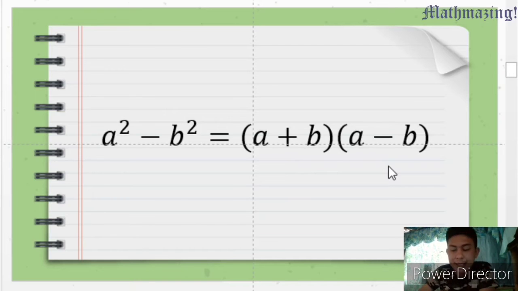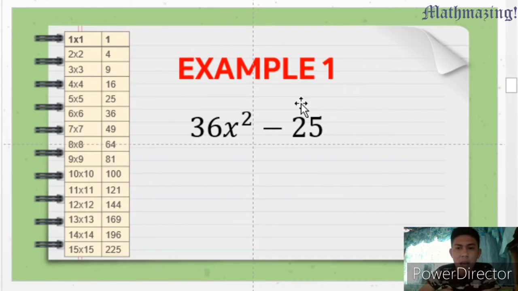So let's have an example. We have here 36x squared minus 25. So first thing you have to do is to determine if 36 at saka 25 is a perfect square number. Tignan nyo dito sa ating provided box kung nandito yung number na 36 at 25. So dito we have 36 and then we have 25. So it's a perfect square. Tignan mo rin yung exponent ng ating variable kapag even.